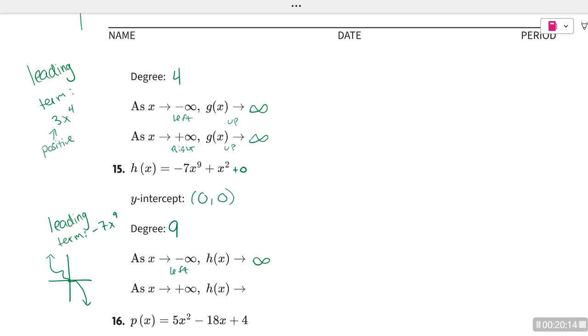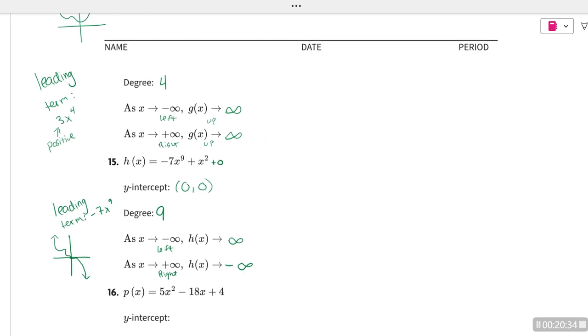We're decreasing over the length of our graph. There might be some bumps where it increases temporarily, but overall we're decreasing. So as we go to the right, we're going to be going down towards negative infinity. So as x goes towards positive infinity to the right, we're going downward. So h of x goes towards negative infinity.